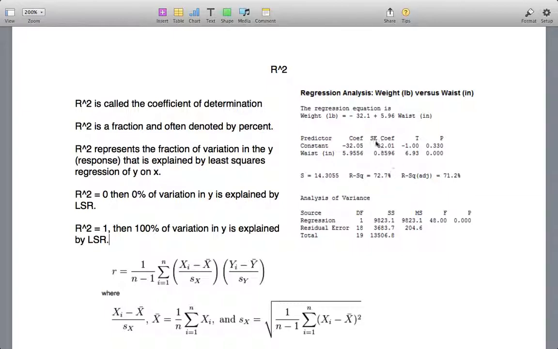Well, that means that according to this model here, where we were looking at weight versus waist, 72.7% of the variation in weight measured in pounds is explained by least squares regression of weight on waist in inches.